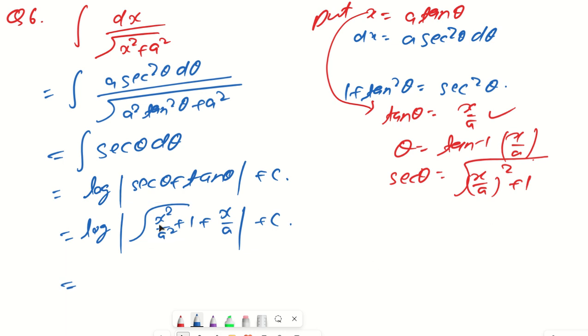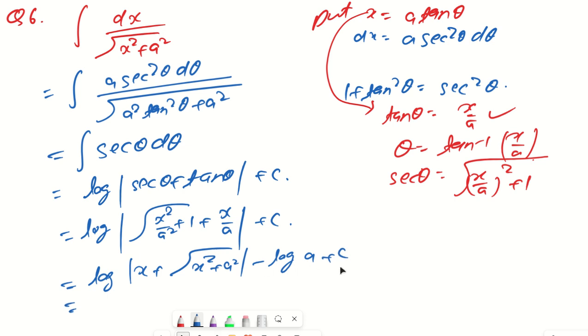If you take it out, it is going to be the square root of x square plus a square divided by a, so it can be taken as log of this plus log of a minus log of a, like log a by b. So I can take it as log of x plus root under x square plus a square, then minus log of a plus some constant c.